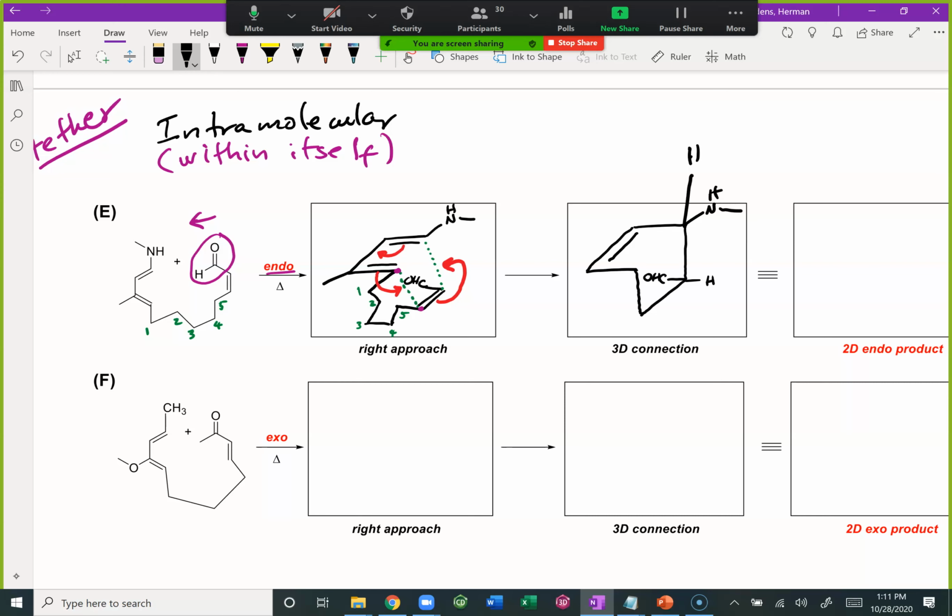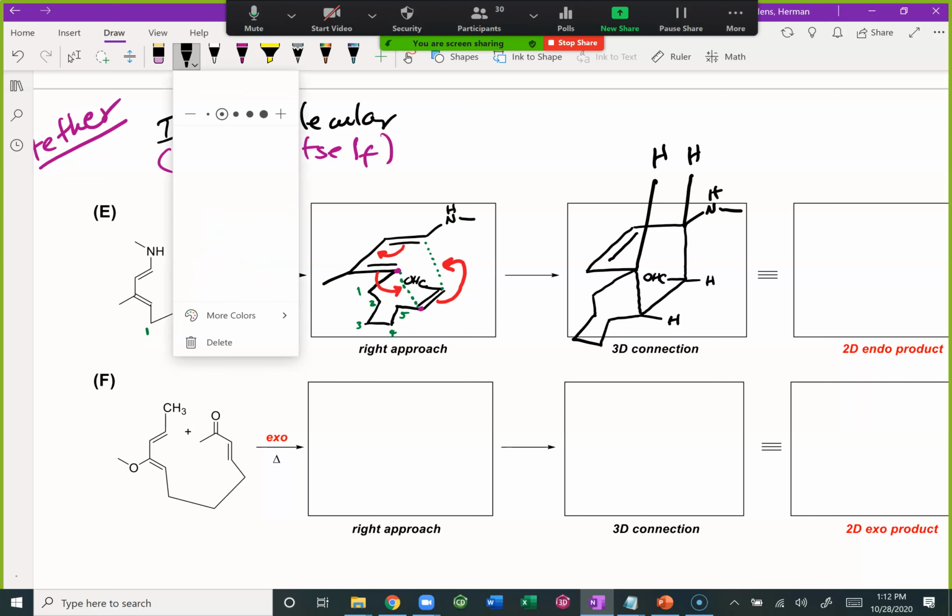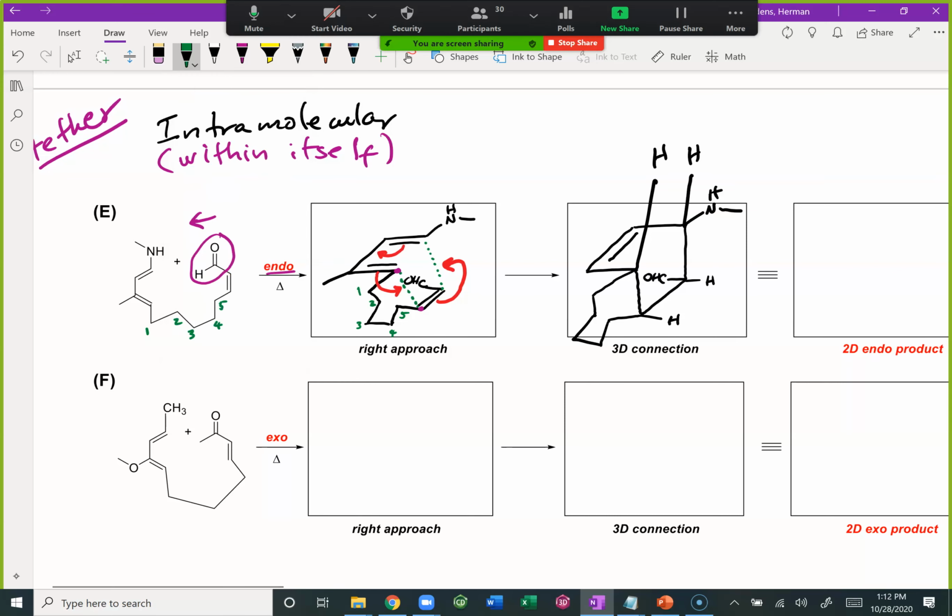There will be an H that is sticking up and another H that is sticking up, and then carbon 1, then carbon 5 this way with an H on the right side, 4, 3, 2, back to 1. Yep. So in total, I have all these 5 carbons, 1, 2, 3, 4, and 5.